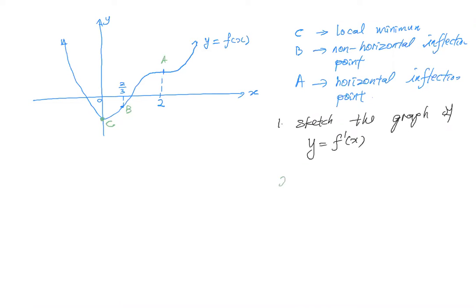Second one, sketch the graph of y equal to f double prime x. So same thing, you draw the sign diagram also. Based on the fx graph, draw the sign diagram of f prime x and f double prime x. And from there, only you start to draw the other graph.